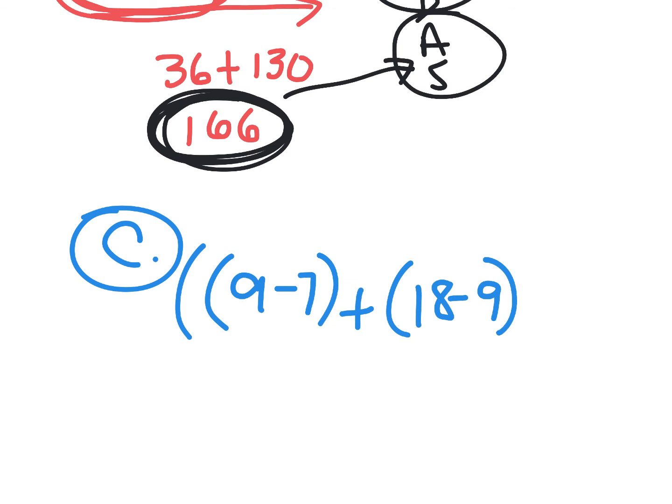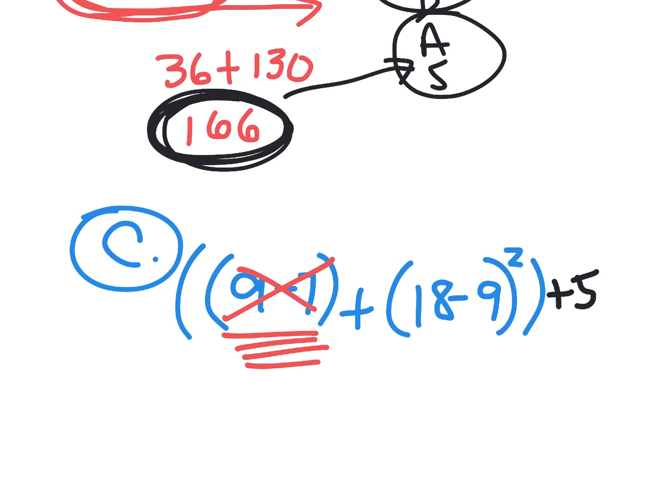Well, they're tied. What happens when things are tied? You go from left to right, correct. So this one is the left of the two parentheses. I can do that first then. 9 minus 7 is 2. How about 18 minus 9? That's 9. There, I did my two parentheses.